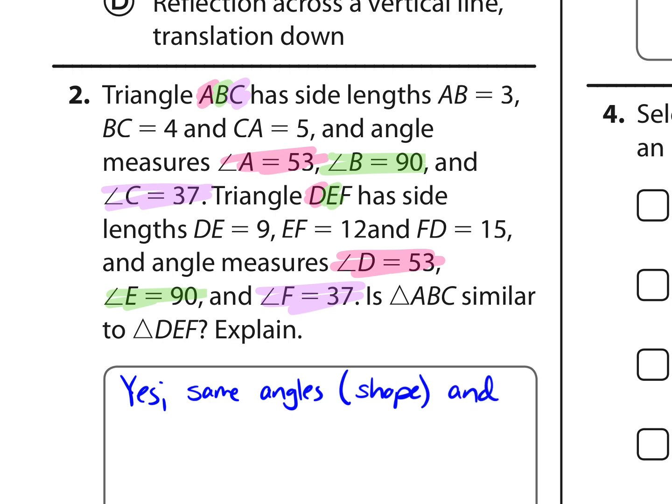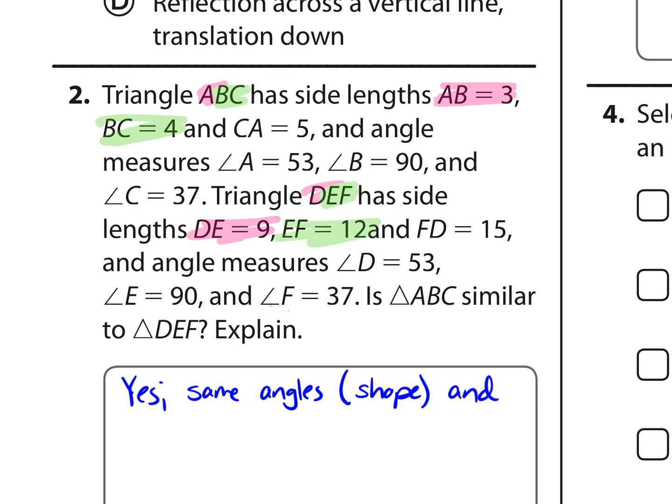So erasing all of this and looking at triangle ABC, I'm going to start with AB. Well, AB is 3 units and DE is 9 units. BC is 4 units.